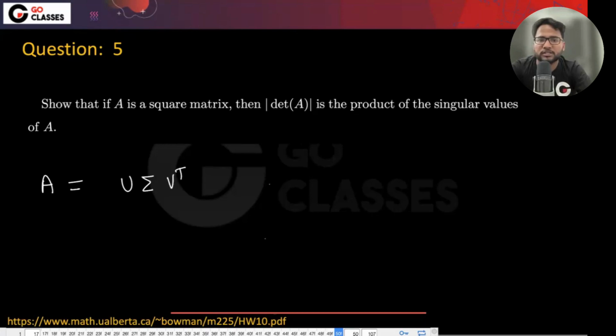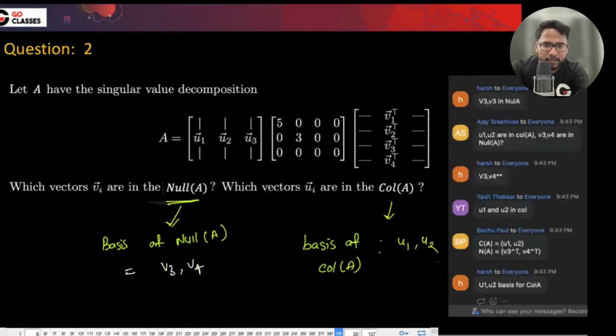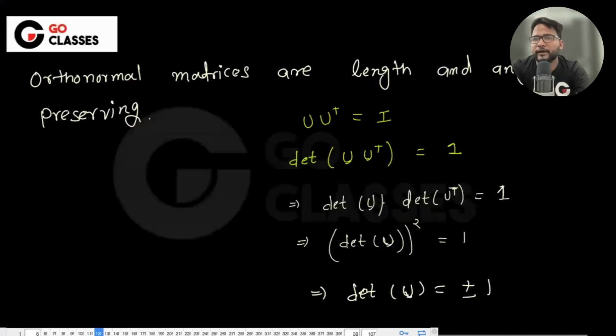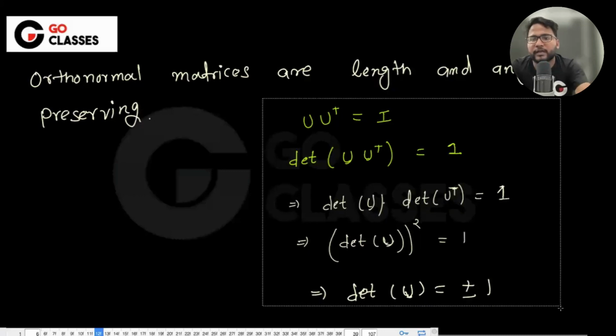Okay, so let's just see this. We have already proved one thing. You might remember that determinant, let me just go to that slide. See here, determinant of any orthonormal matrix is either plus one or minus one. It's very easy to prove, right? So we have proved it.